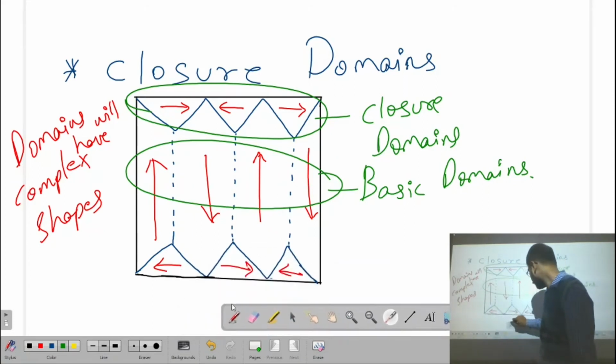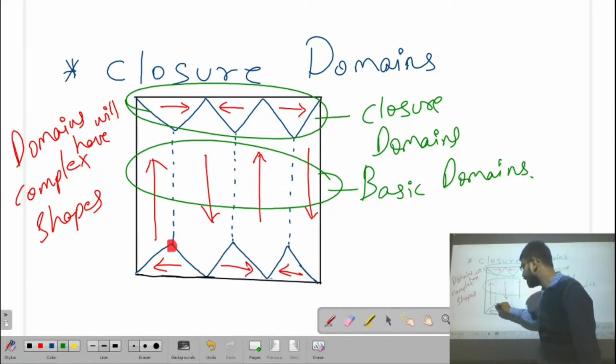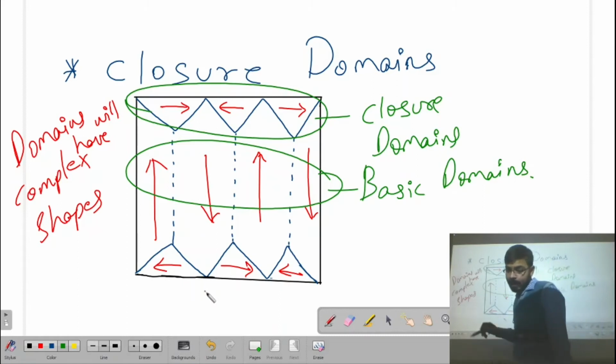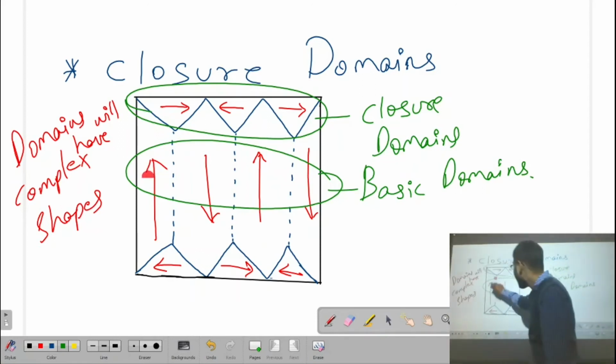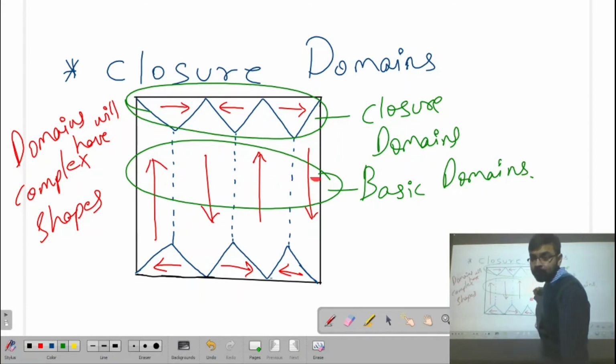While these are the hard directions. So you will have a magnetic anisotropy. Why? Because you will have some directions where the domain can grow easily, and other directions where the domain cannot grow easily because they are hard directions.